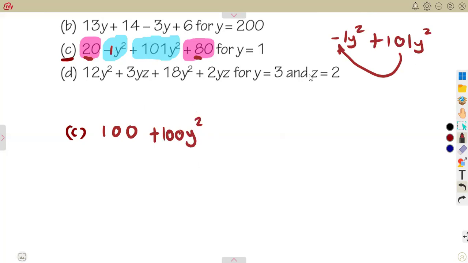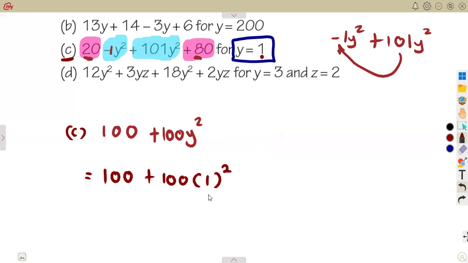So there we have got 100 y squared, for y is equal to 1. If we're not given this, this was going to be our answer, but there we are given now the numerical value of y, which is 1. So if this y is 1, what are you going to have? You substitute in place of y, that is going to be 1 squared.